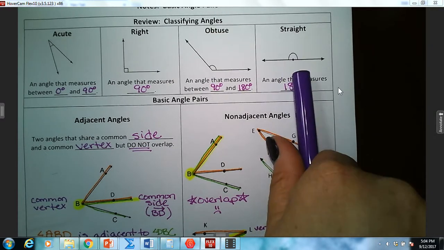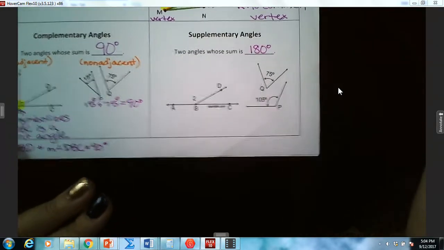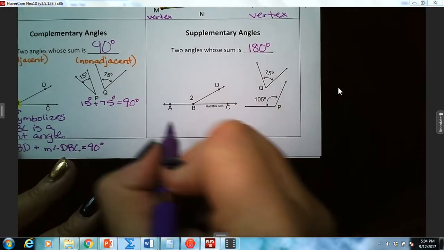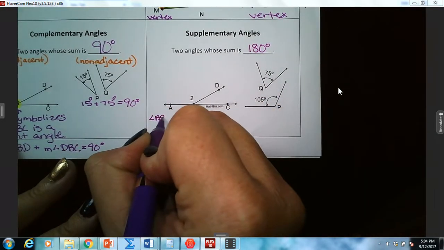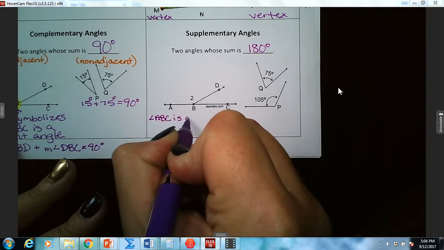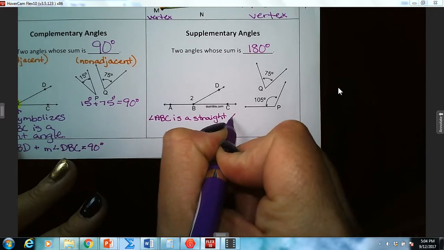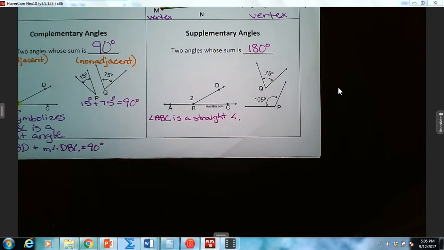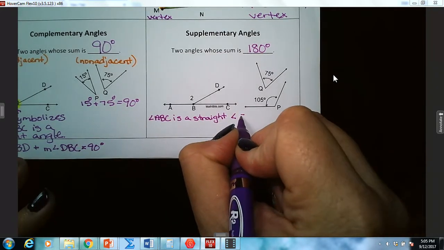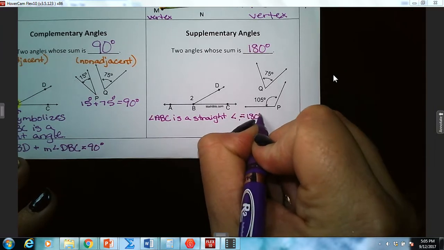But this angle that's been measured is 180 degrees. So it's worth noting that angle ABC is a straight angle, and a straight angle is equal to 180 degrees.